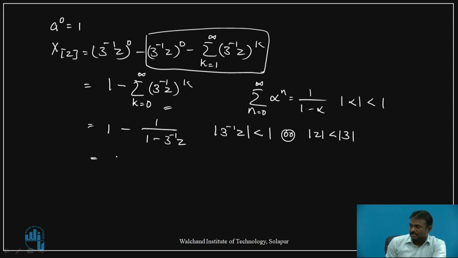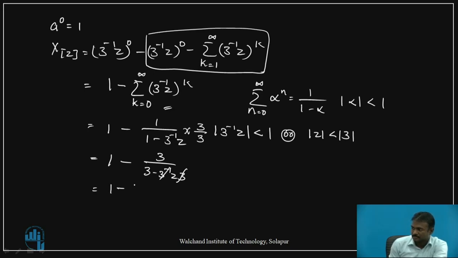Okay. Further, this will be simplified. To simplify this one, we multiply numerator and denominator of the second term by 3. So this will be written as 1 minus 3 divided by 3 minus 3 inverse z times 3. So 3 and 3 inverse will get cancelled.